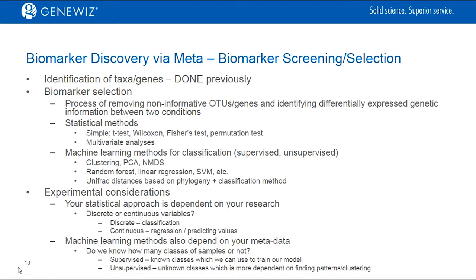Similarly, we can ask from machine learning approaches, do we have labels to our data which we can use in supervised learning to train, test, and revise our model by selecting features, or do we have to use unsupervised learning methods? In the next slide, I'll go into details of using one published complex statistical method for screening biomarkers called LEfSe.